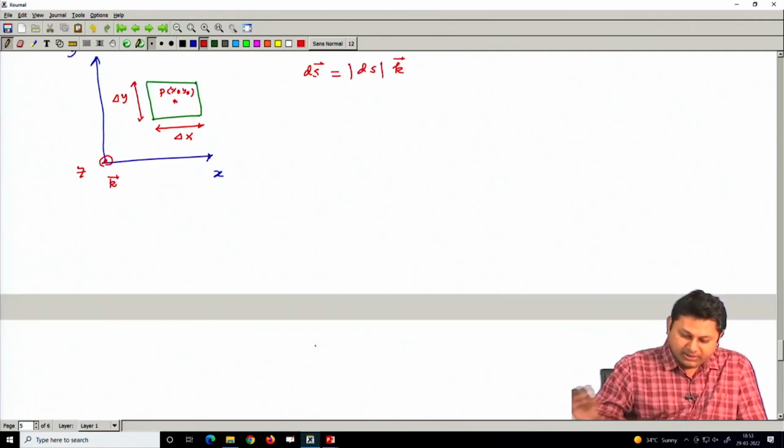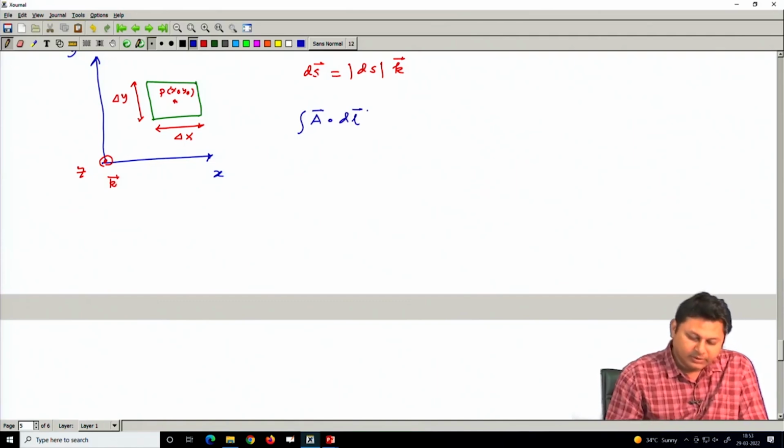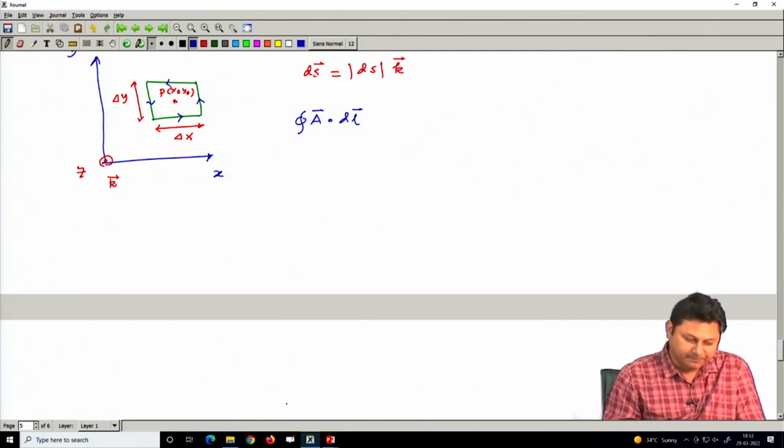Okay, now let me calculate A dot dl. Now, this closed line integral of A dot dl, I can write in these four lines. One line is here, another line is here, and this is the way I will go, because this is a line integral, I need to have a direction as well.